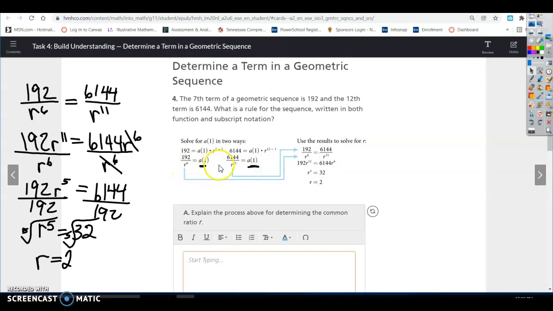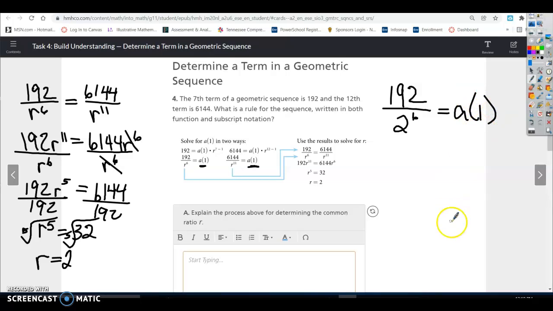So you can use either one of these to now plug that in and solve for your a sub 1. So let's go ahead and do that. So let's do 192 over r to the 6th, and we know r is now 2. So 2 to the 6th power, and we know that's going to be our first term. All right, so again, let's use our calculator here.